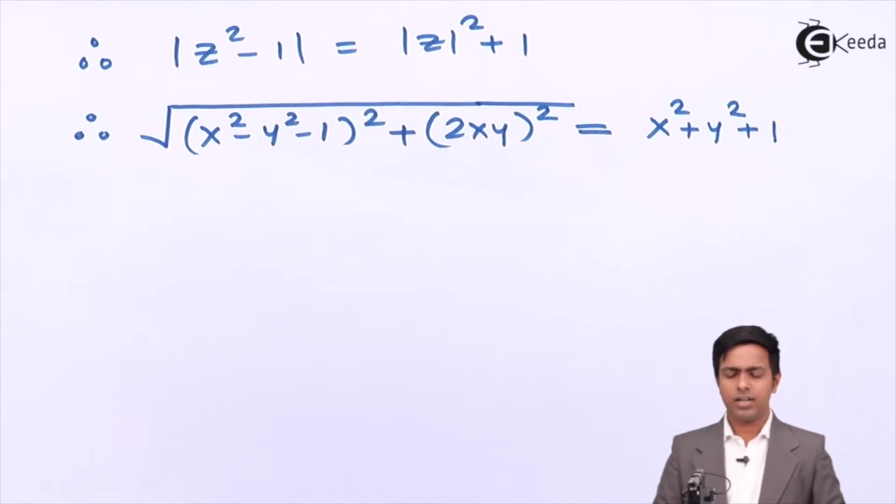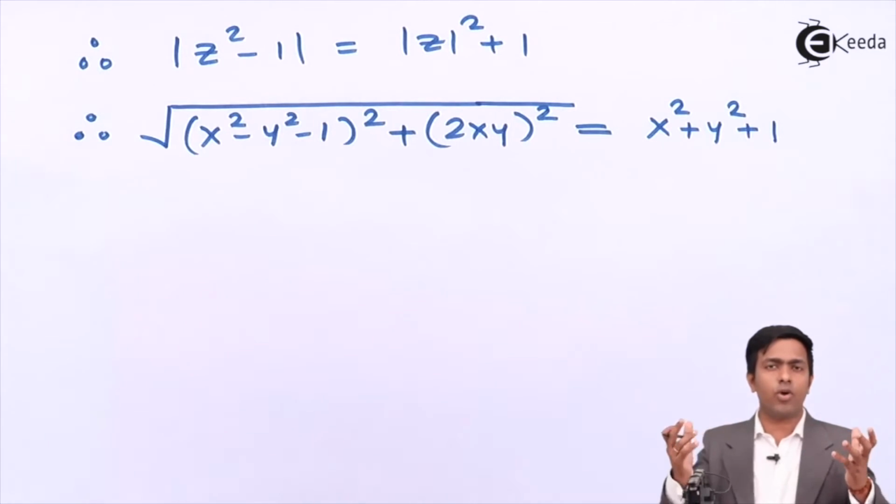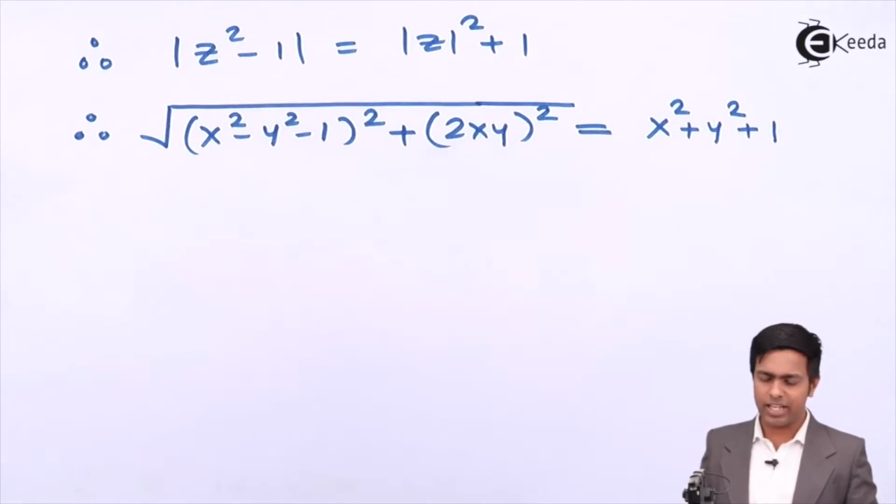So guys, let's start. To solve this, can you see the square root on the left hand side? Yes. So we'll square both sides so that the square root from the left hand side is removed.